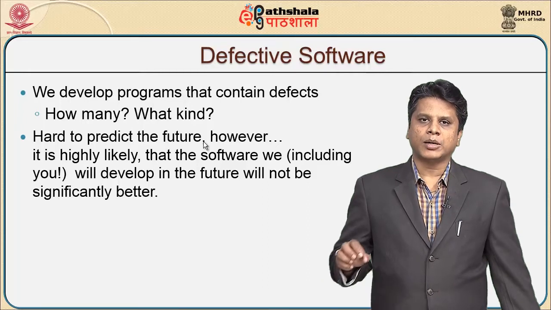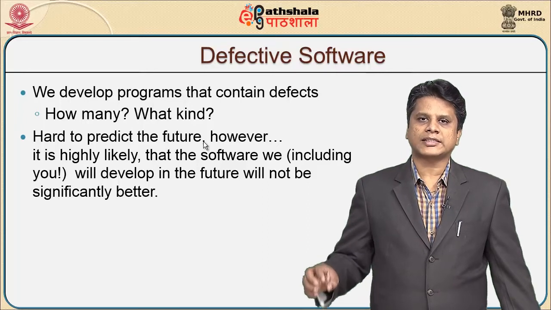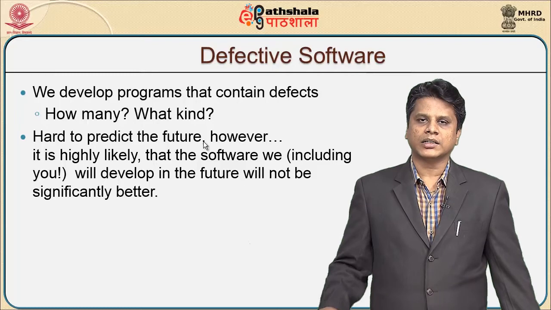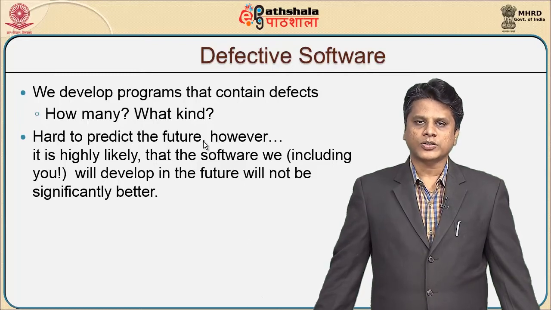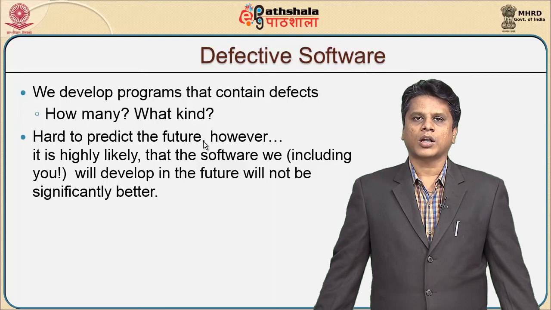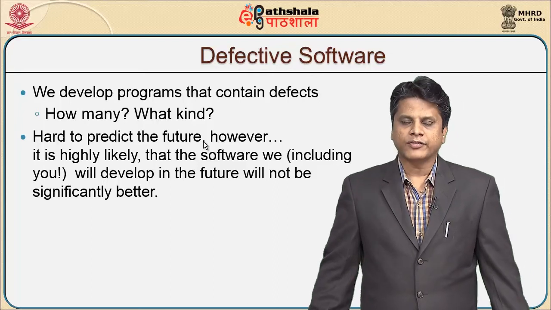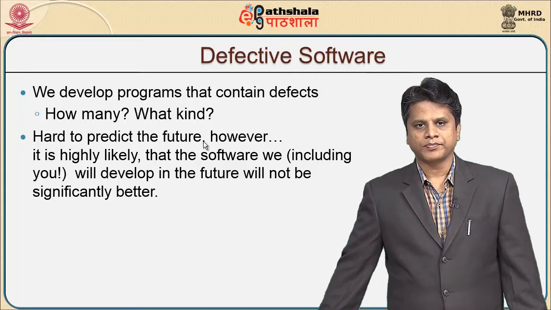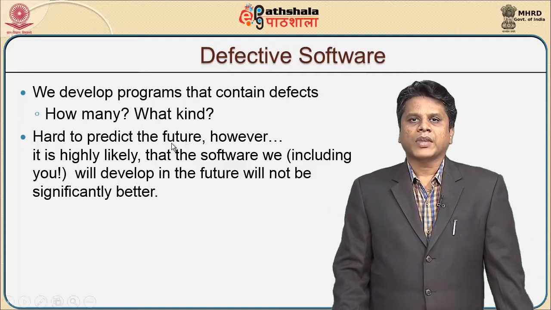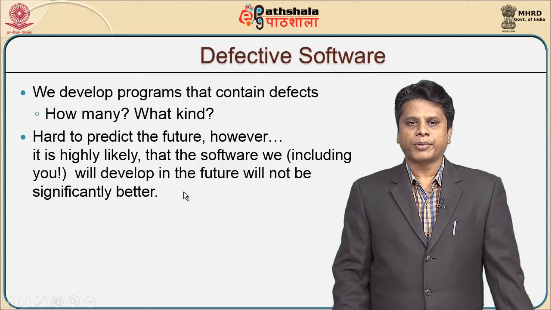Having assigned a person with the role of software test engineer or software tester, the responsibility of a software tester is to identify how many bugs are really in the software, how defective the software is, or what kind of defects are associated with the software. But it has really been hard to predict the future.